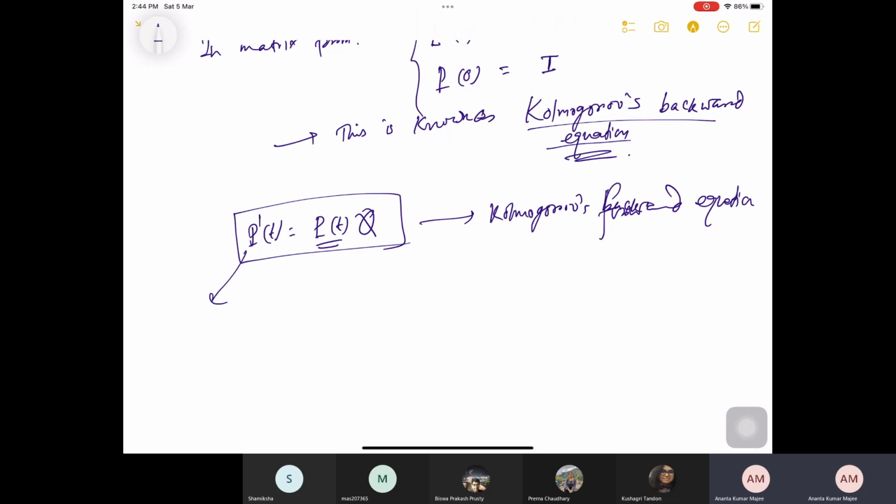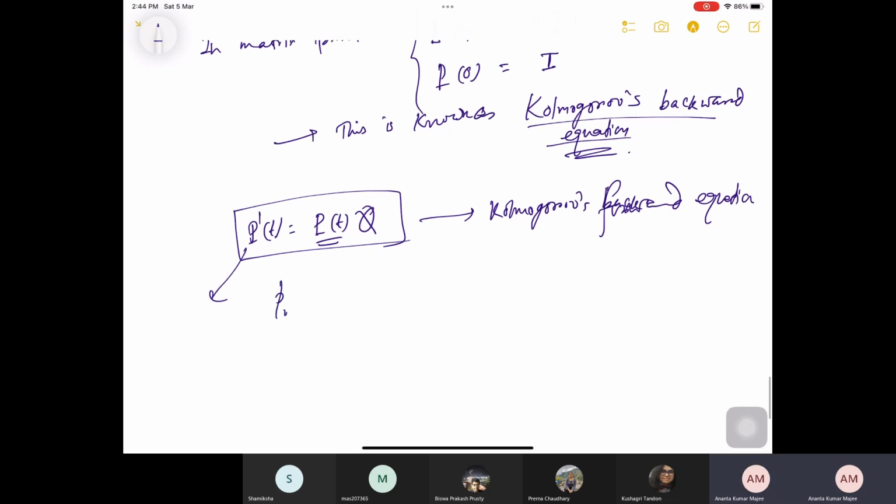So how to deduce that part? If you just think of Pij of t plus h, I wrote it in a slightly different way, k in S, Pik, but here I put t first.